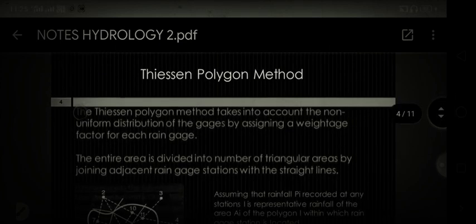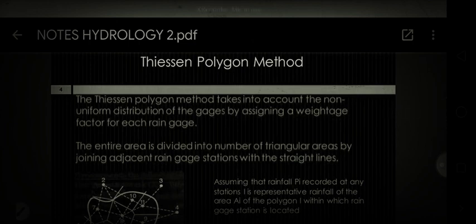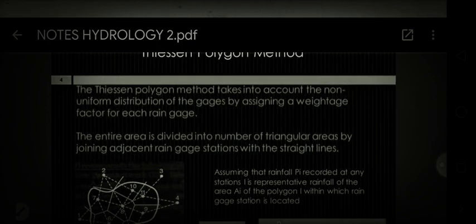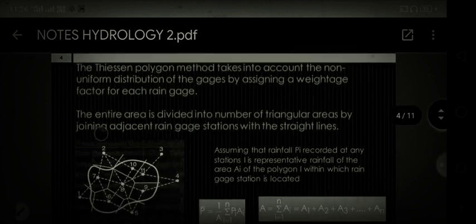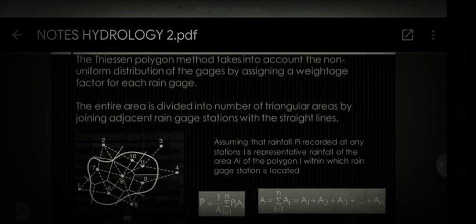Now come to the second method, that is the Thiessen polygon method. The Thiessen polygon method takes into account the non-uniform distribution of gauges by assigning a weightage factor to each rain gauge. Remember, we have to consider the weightage factor for each rain gauge.